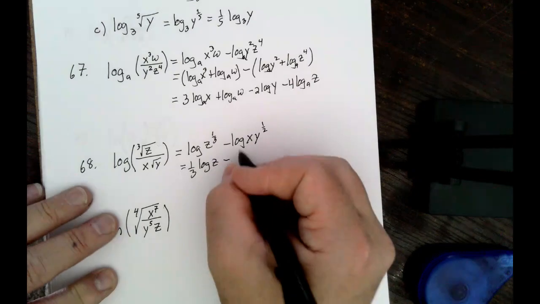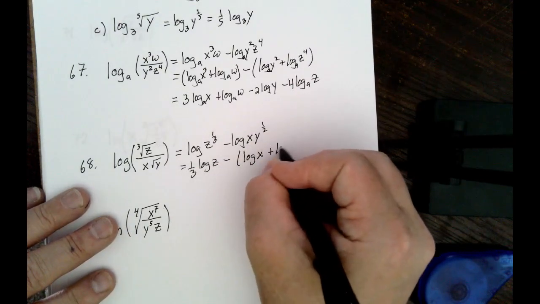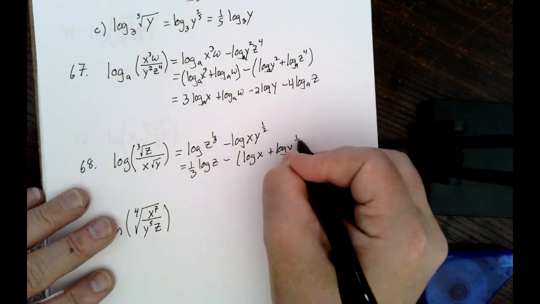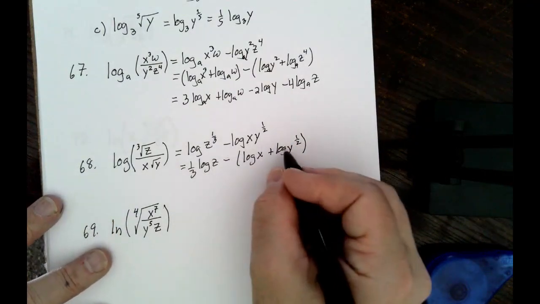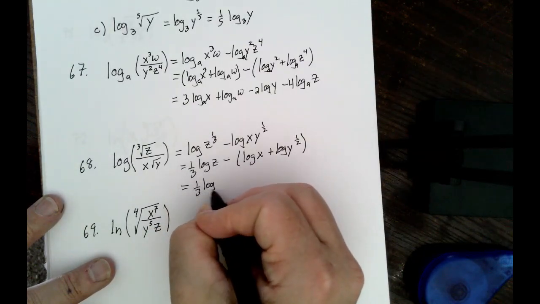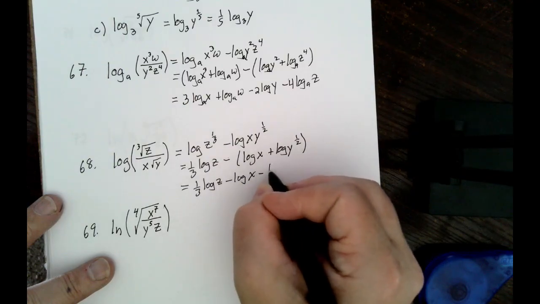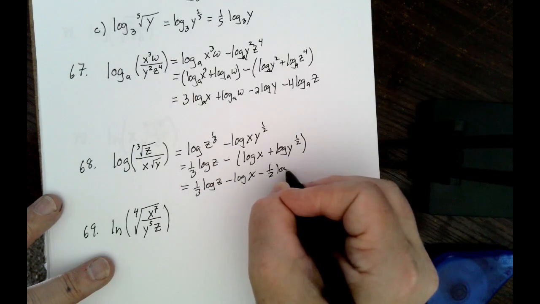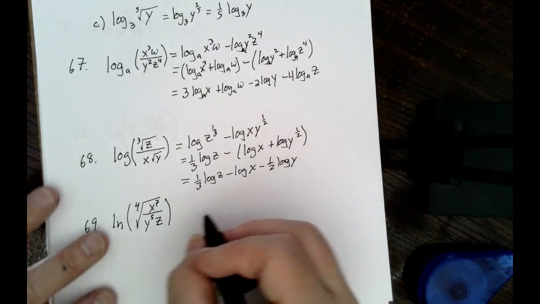Okay, and now this part, when you break it up, it becomes addition. But there was a subtraction in the front, so you distribute that negative sign. So you end up with 1/3 log z minus log x minus 1/2 log y, because you can bring the 1/2 out front. That's as far as you can go with that one.